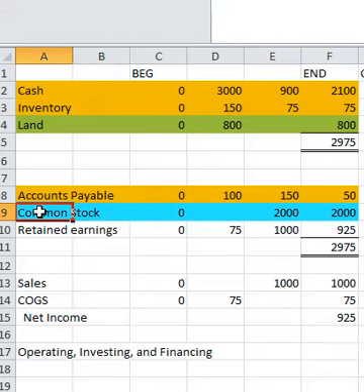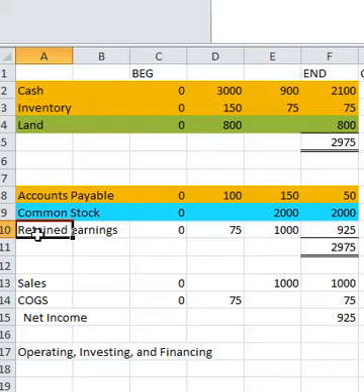I just don't have any in my very simple example. So financing activities would be what we look to in that 3rd section of the statement of cash flows that have to do with monies brought in by owners, investors, or creditors into the company, and those transactions with those investors or creditors.